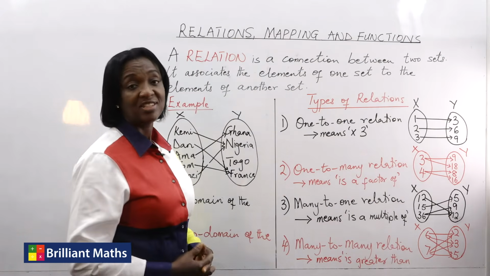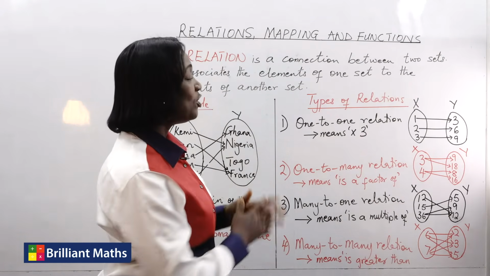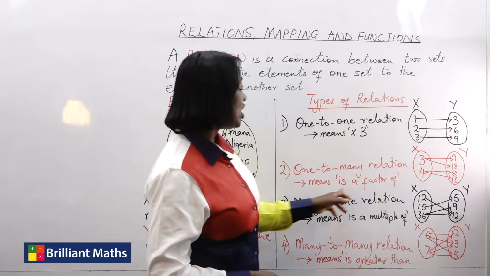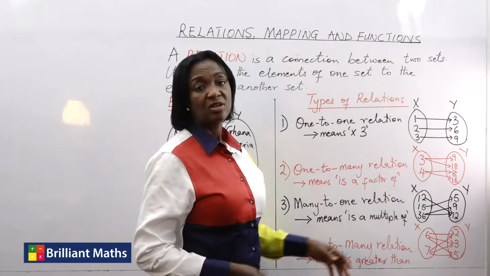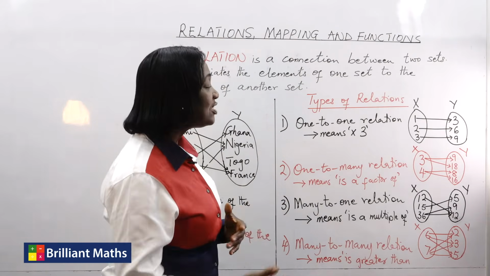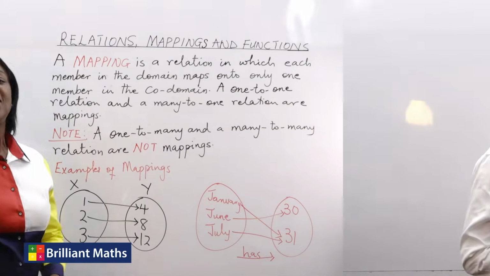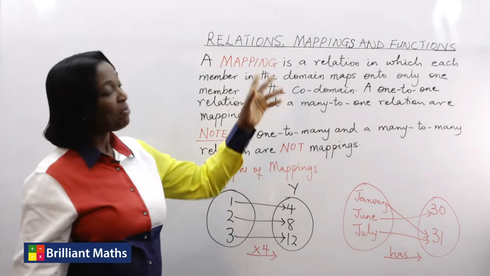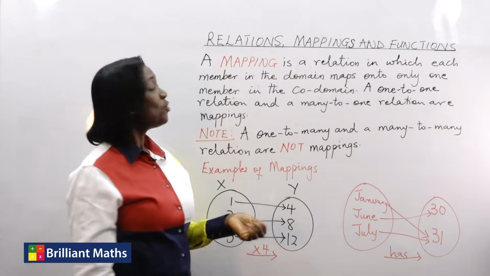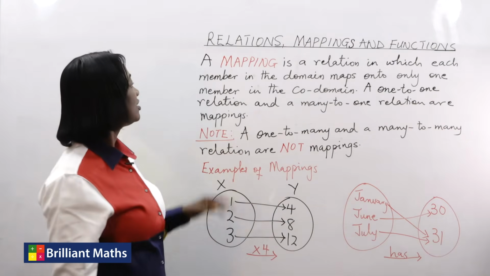This is very interesting. Just take your time to understand what the relationship is so that you can identify the members of the codomain. We are looking at relations, mappings, and functions. We have already defined relations.